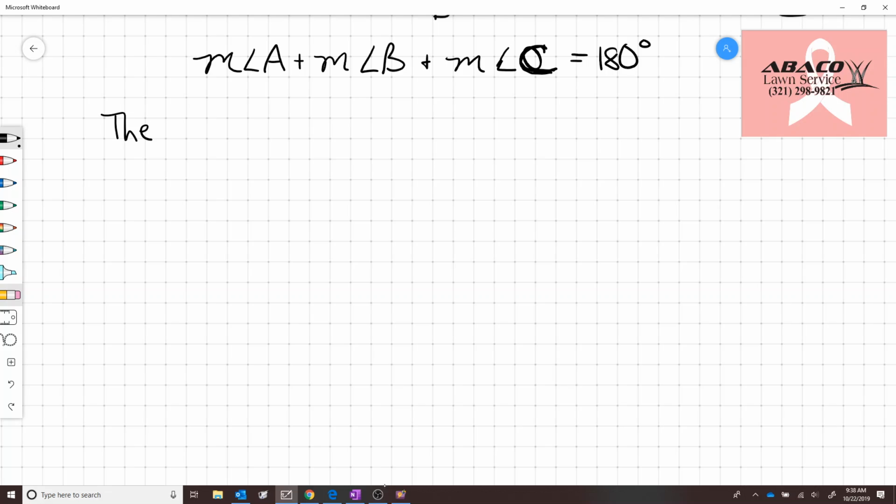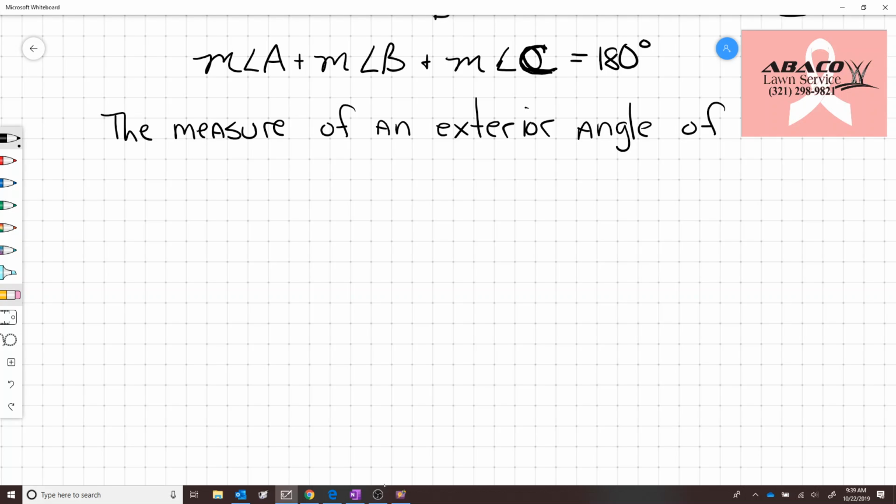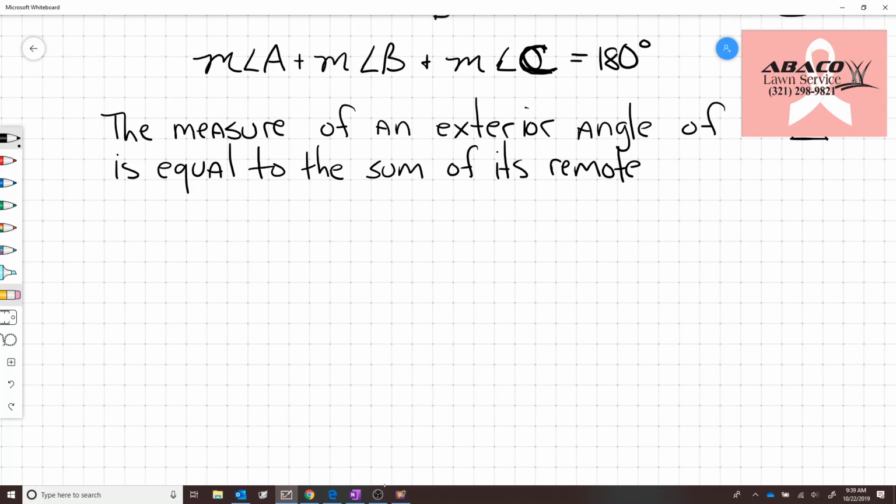The measure of an exterior angle of a triangle is equal to the sum of its remote interior angles.